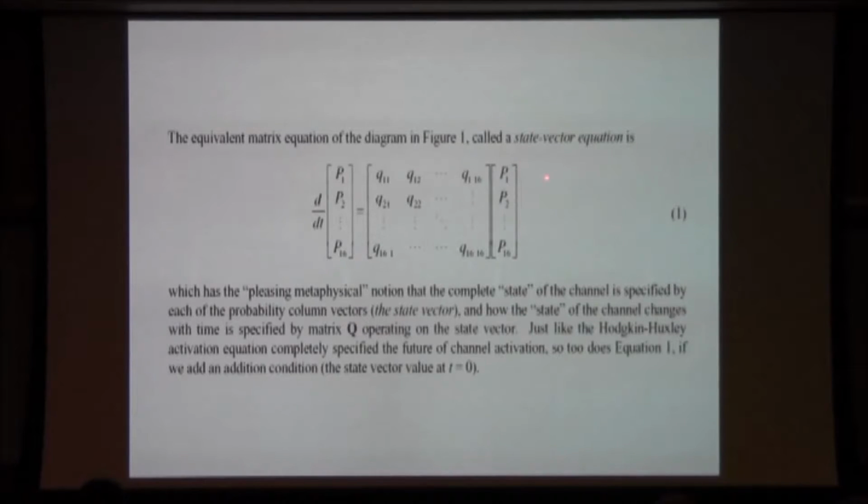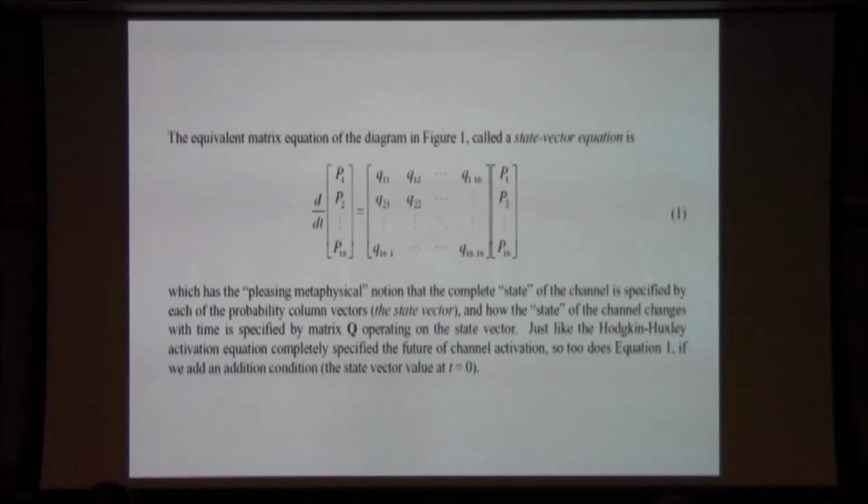So what is the state vector? It's the probability at an instant of time that I'm occupying state 1, the probability that I'm occupying state 2, all the way to the probability that I'm occupying state 16. And the beauty of the system is that all of its motion is encapsulated in this single matrix equation.